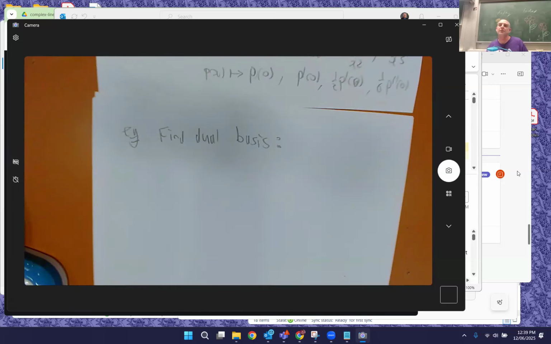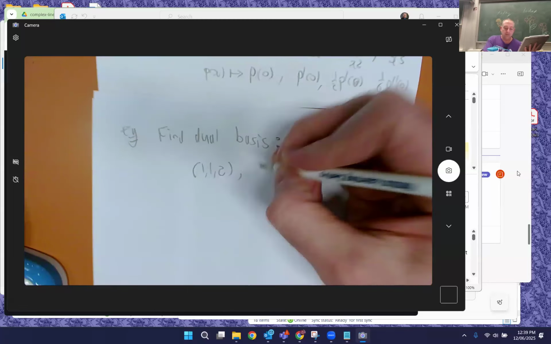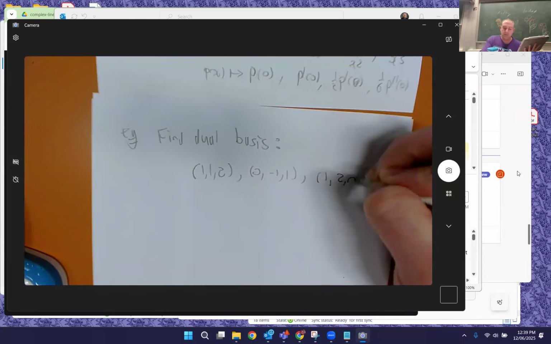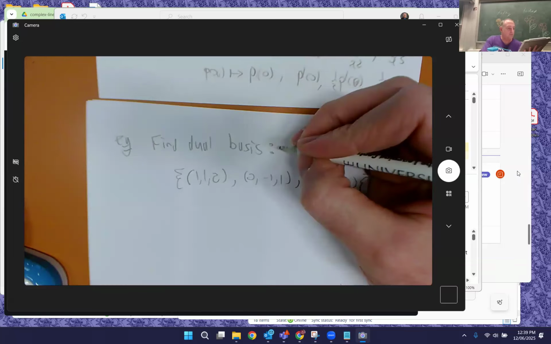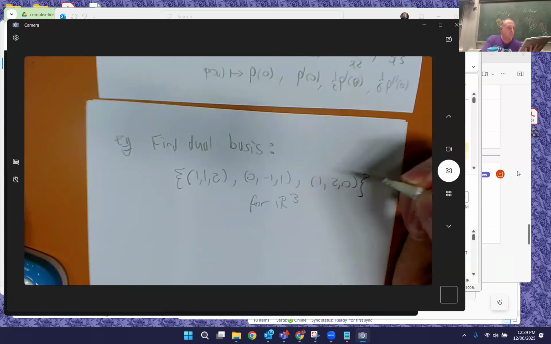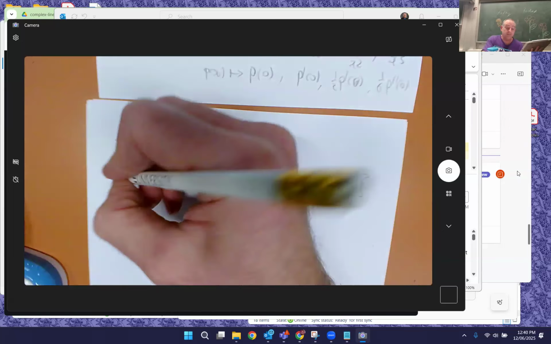Find a dual basis. Can I write down part B?